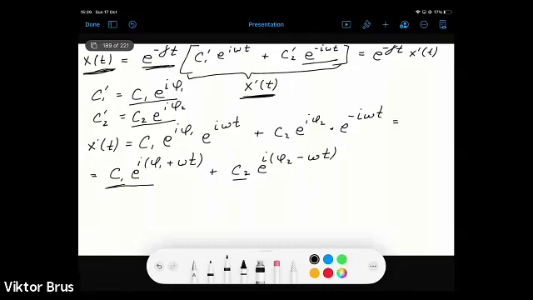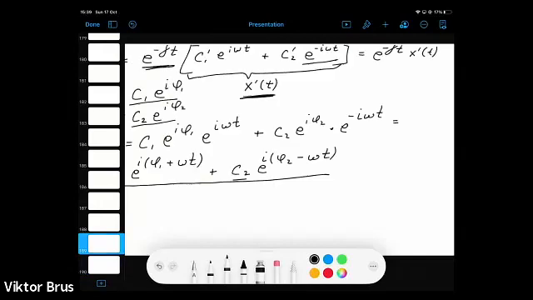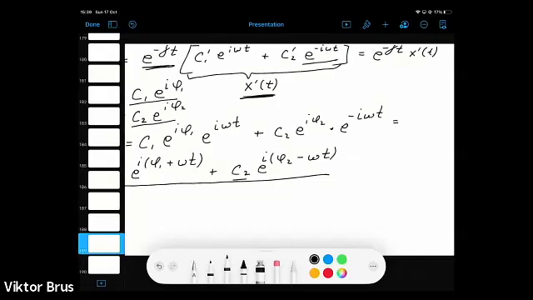So let us write this expression again on a new slide, so we have more space and can apply Euler's formula to this final expression. X prime as a function of time is equal to, look again here, C1 times phi1 plus omega t.